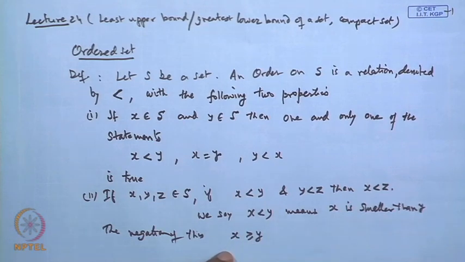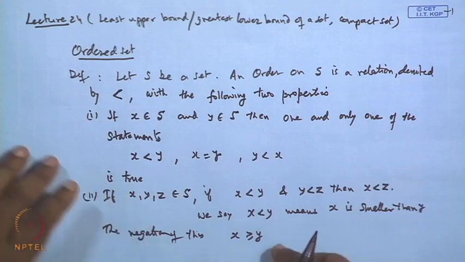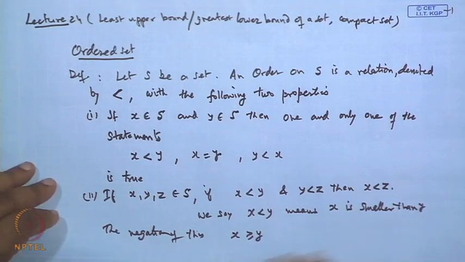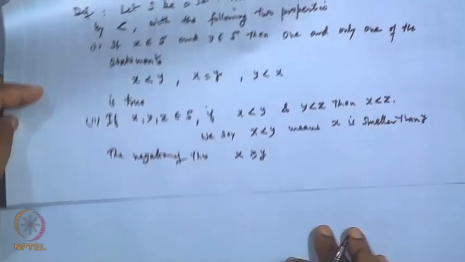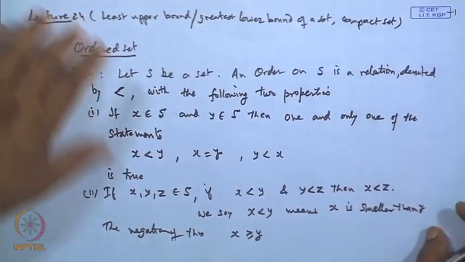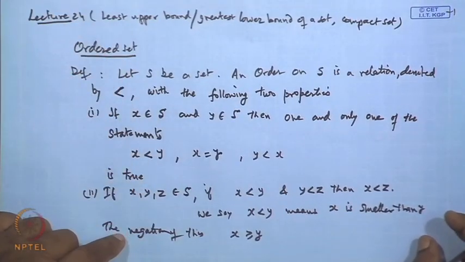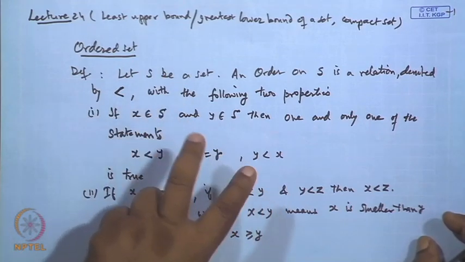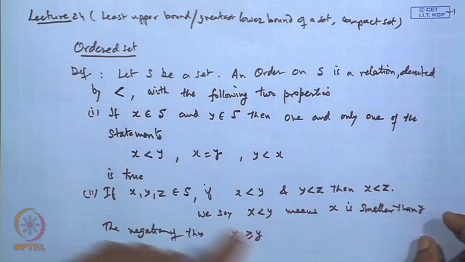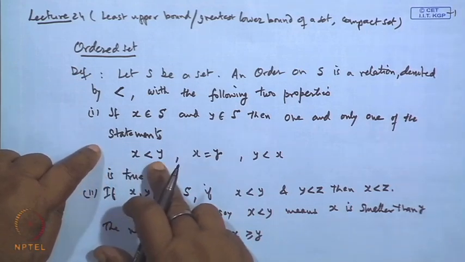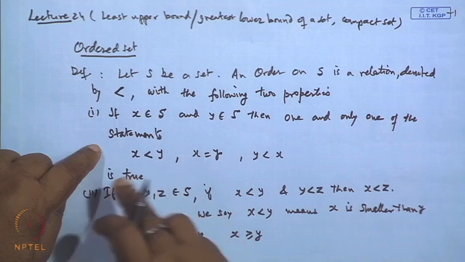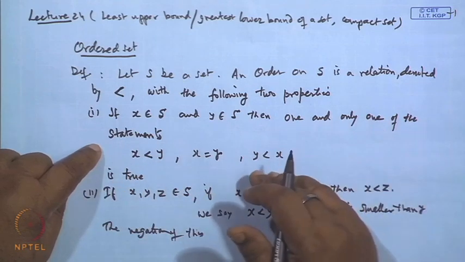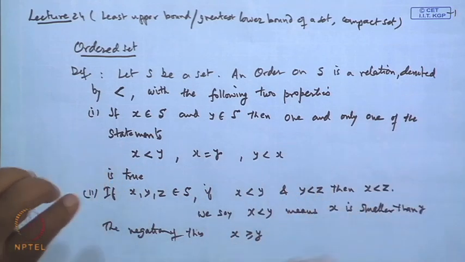Means, the negation of x is greater than or equal to y will be x is strictly less than y. So, that will be the sign for them. Now, obviously, when we say the set of rational numbers or set of real numbers, then this order is defined. One can identify two real numbers or two rational numbers, one can say which one is smaller than the other, or whether they are equal or whether one is greater than the other.